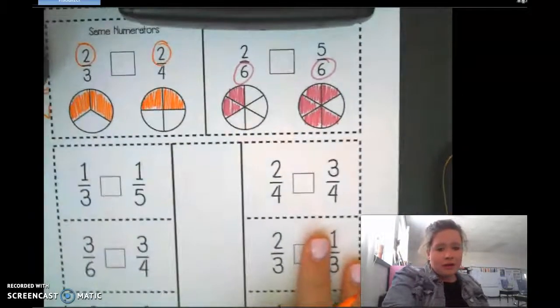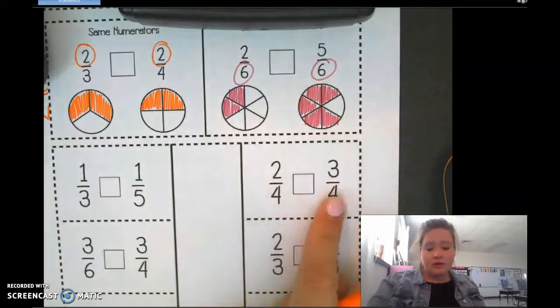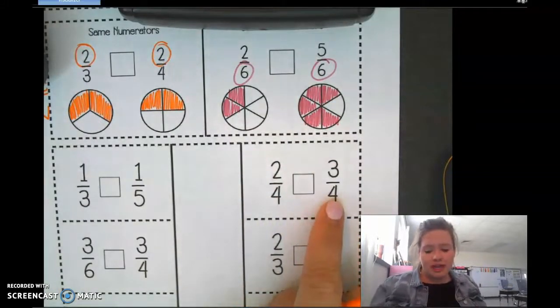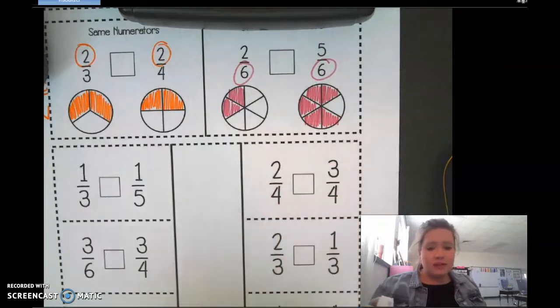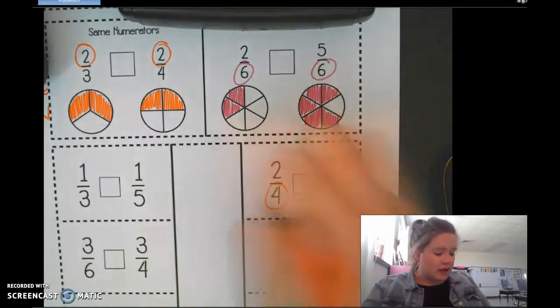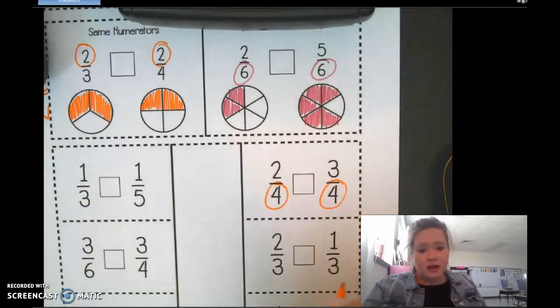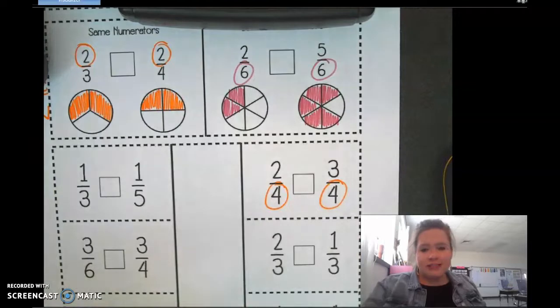We're going to start off by comparing 2/4 and 3/4. What part of the fraction is the same for both of these? Great job, your denominators. And your denominators tell you what? Your denominators tell you the total number of parts in your whole.